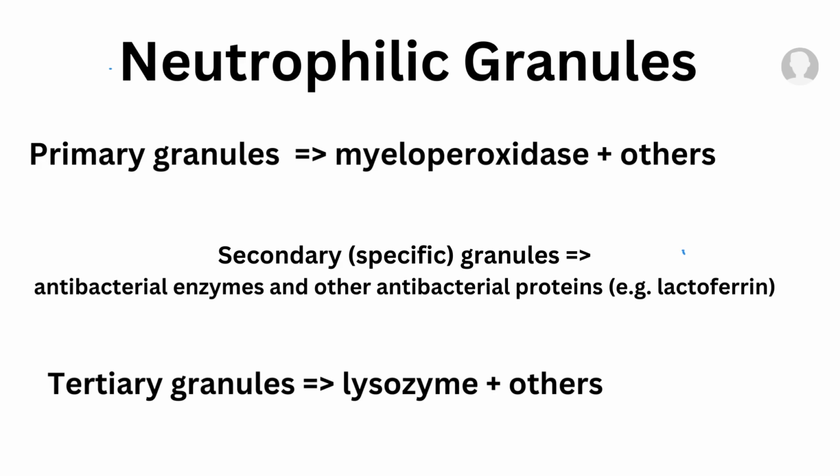Neutrophils have these weapons called neutrophilic granules, and the primary granules have myeloperoxidase enzymes plus other enzymes. The secondary specific granules have many antibacterial enzymes and other antibacterial proteins such as lactoferrin, which we'll see later. Did you know there are tertiary granules? They contain lysozyme plus other enzymes.